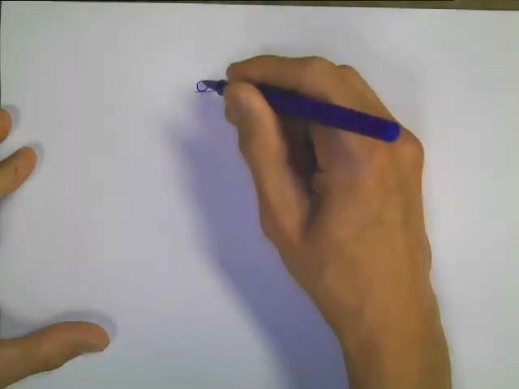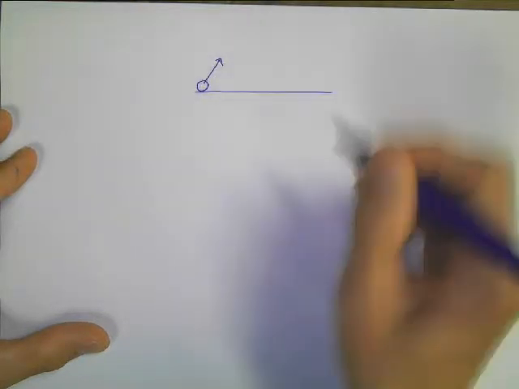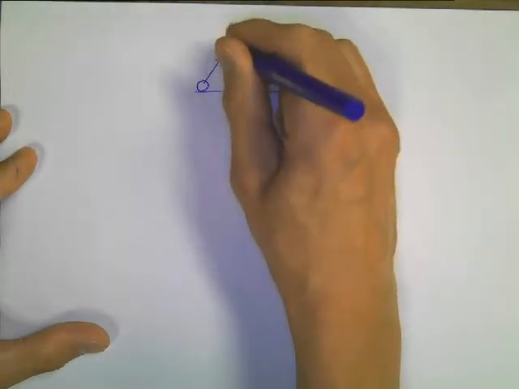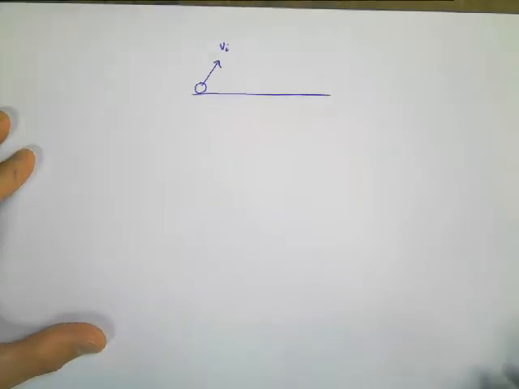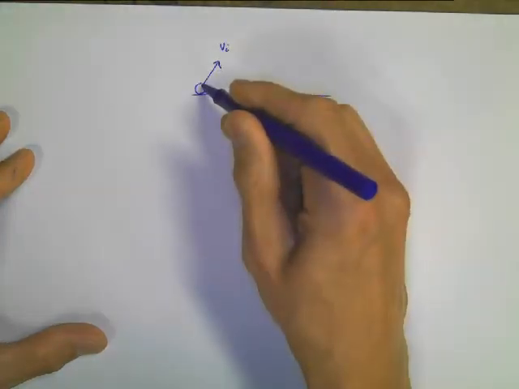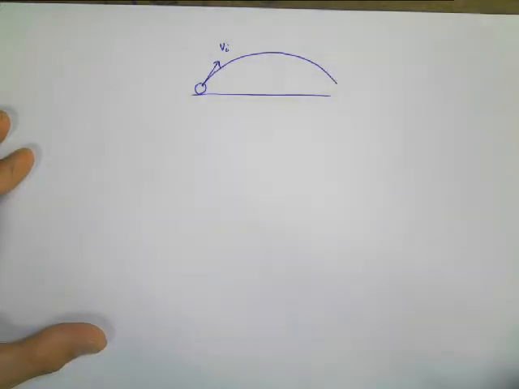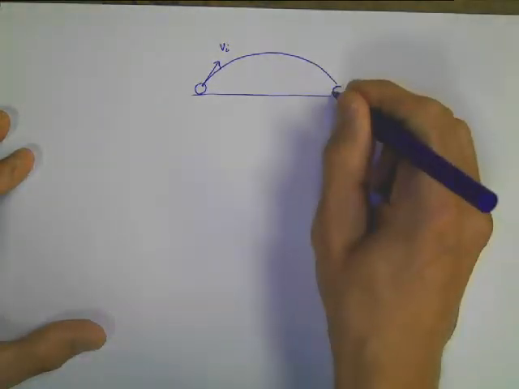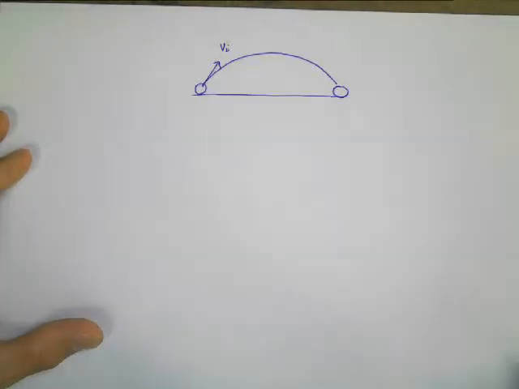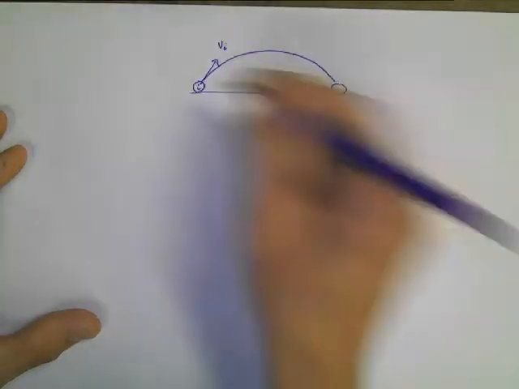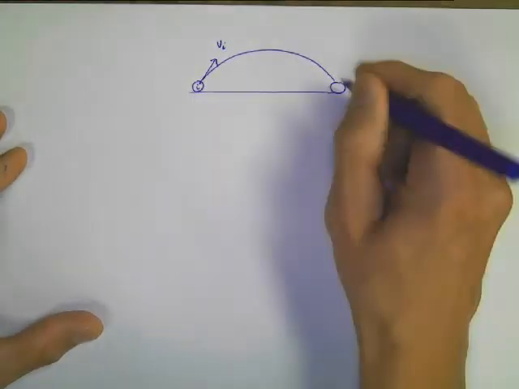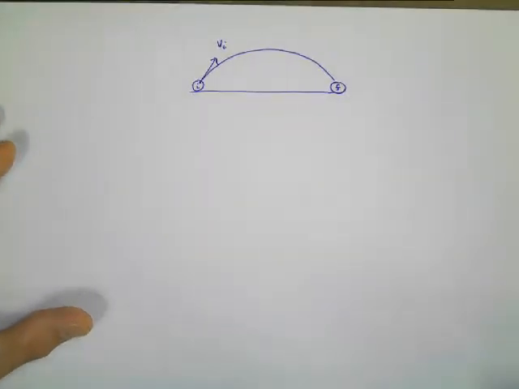The ball is going to be launched with some initial velocity, and of course it's going to follow a path or a trajectory which is arced. So you've got the initial position here and a final position which is at the same height. The assumption here is the ball is coming back to that same height that it was launched at.